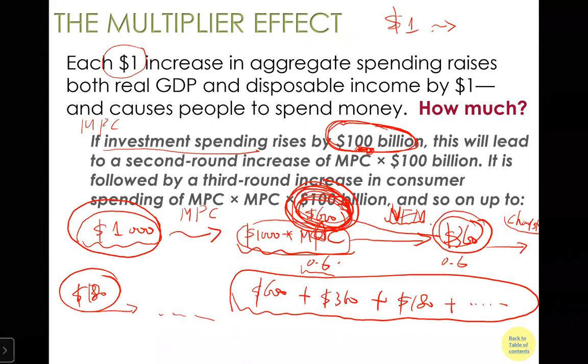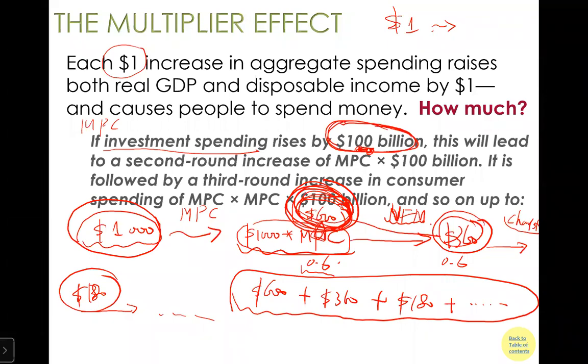Everybody receives a check, including myself, and I'm going to spend 600. And the point is, in the aggregate, in the macro economy, the chain doesn't stop there. Once I start to spend, you can see there's a chain reaction in the economy.